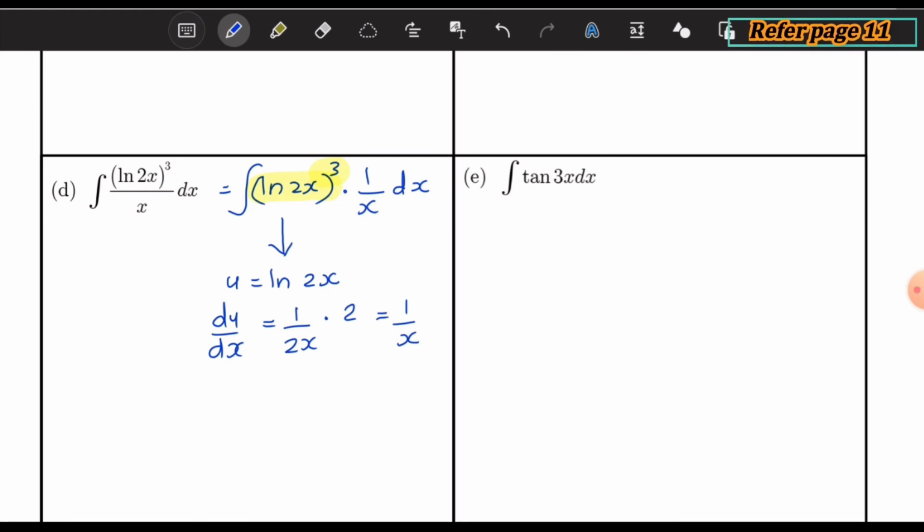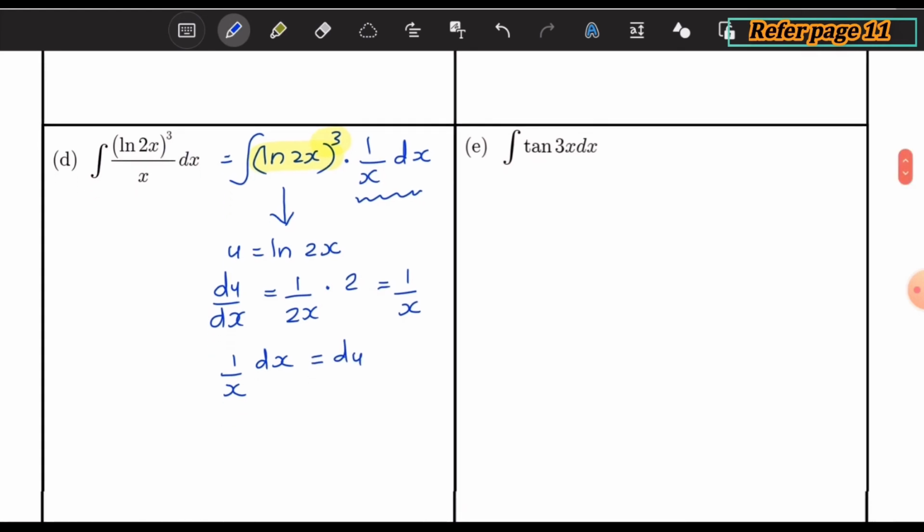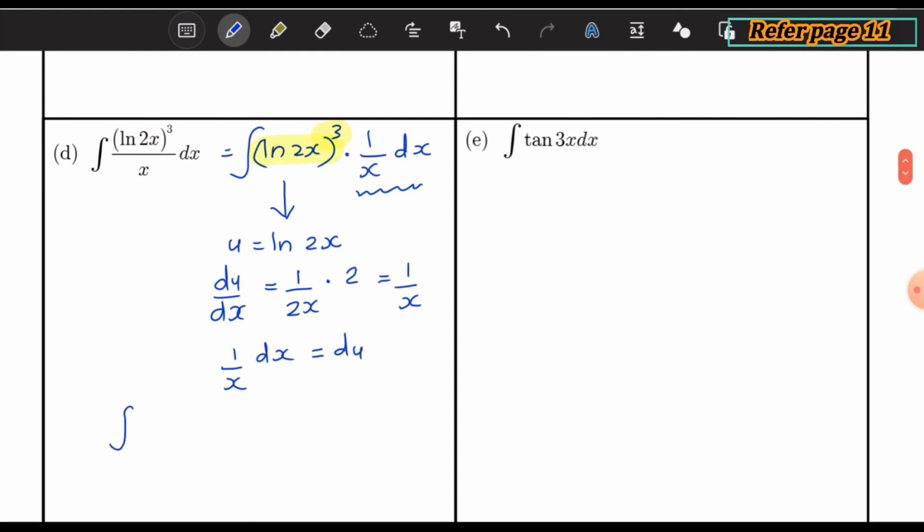And look at your second function, 1 over x and dx. Therefore, we can rearrange the derivative, becomes 1 over x dx equal to du. Now we substitute, integrate ln 2x cubed is u cubed times 1 over x dx is du, equal to u power of 4 over 4 plus c.